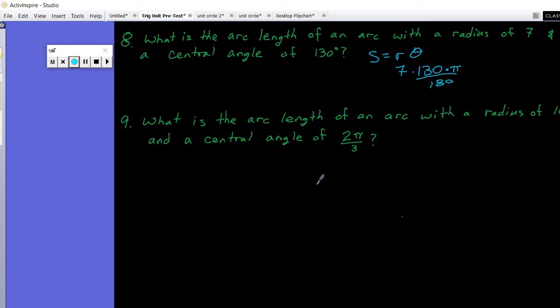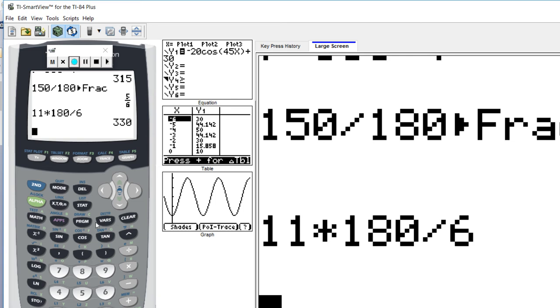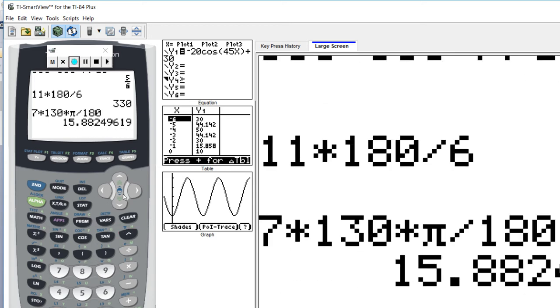So I have 7 times 130, times pi, divided by 180. So that gives me 15.88. If I round to the nearest tenth, I look at the second 8, and that's bigger than 5, so it rounds up to 15.9.